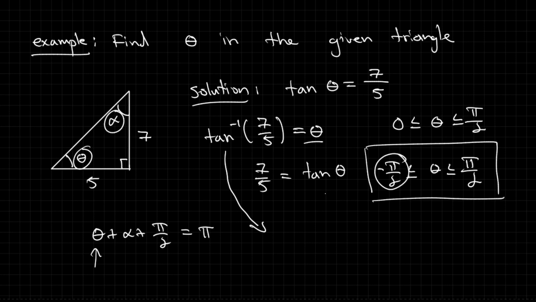And now, while there will be problems that will require you to evaluate the inverse trigonometric functions by hand, you simply can't evaluate all of them by hand. And the reason why we can't evaluate this by hand is because we don't know a special theta like pi over 6, pi over 4, pi over 3, for which tan theta is 7/5.